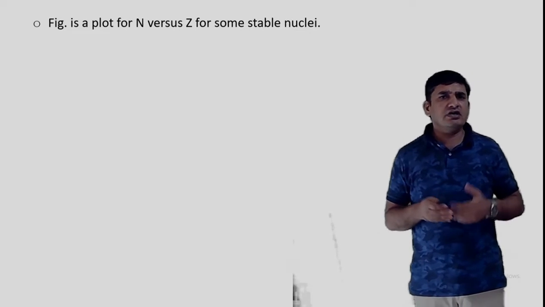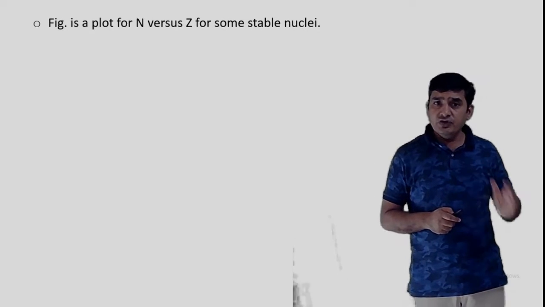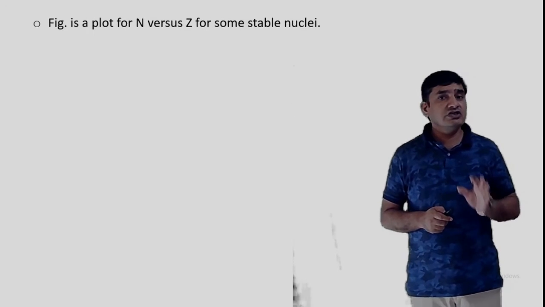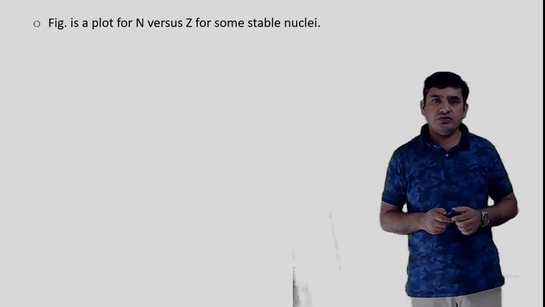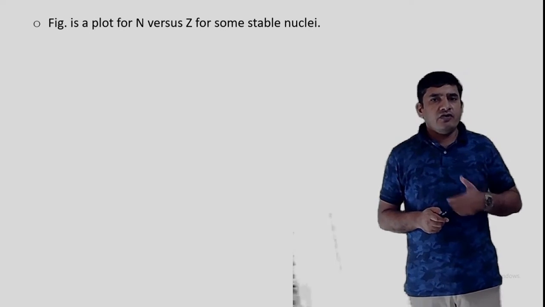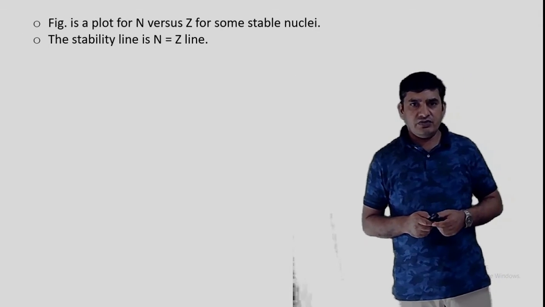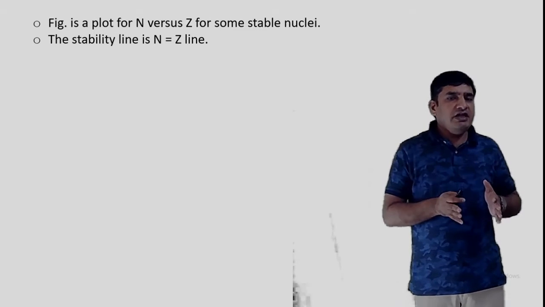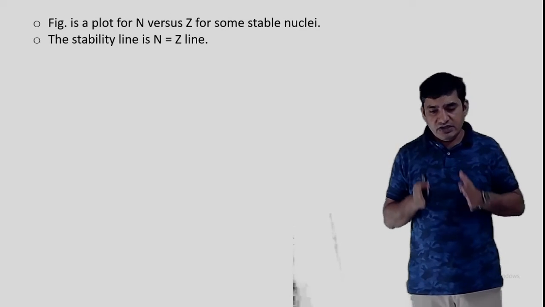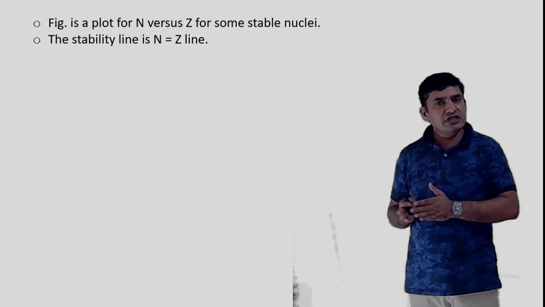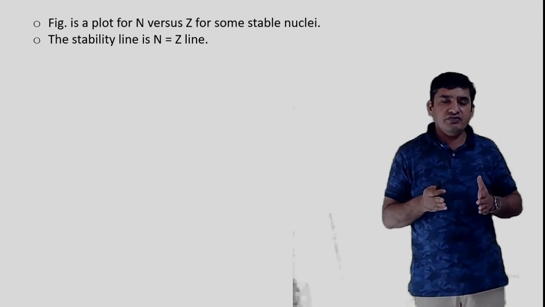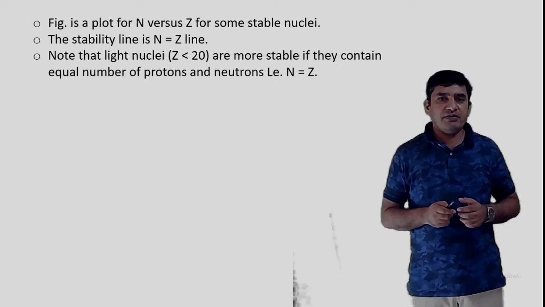We plot a graph of neutron number versus atomic number, or number of protons, for some stable nuclei. The stability line is where the number of neutrons is equal to the number of protons.